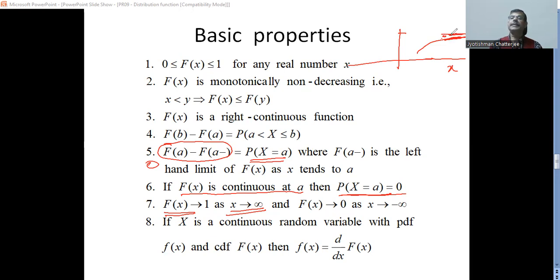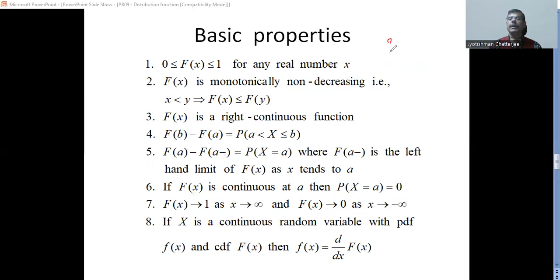It may exactly become 1 and continue to be 1, or it may be this asymptotic case. No matter what, the limit of F_X(x) as x tends to infinity equals 1.